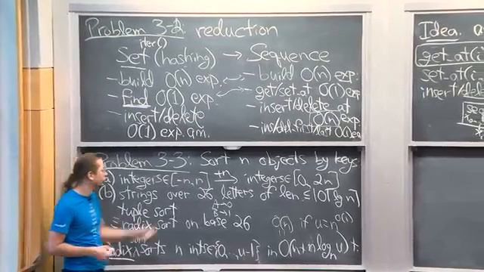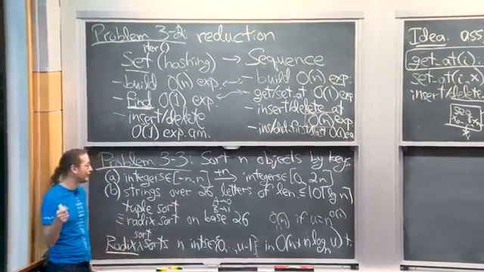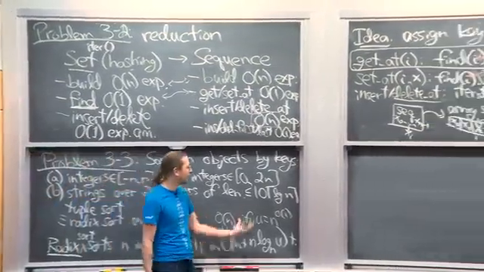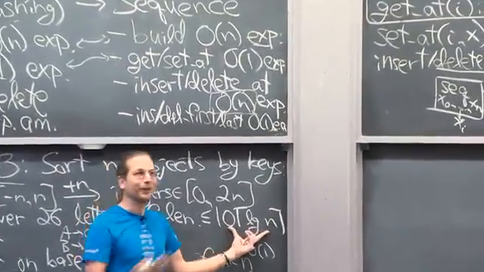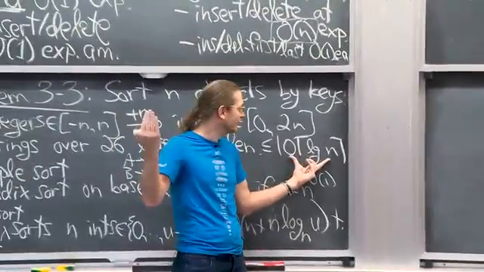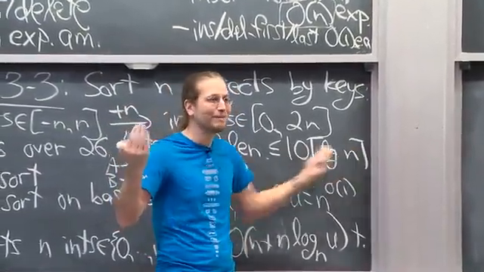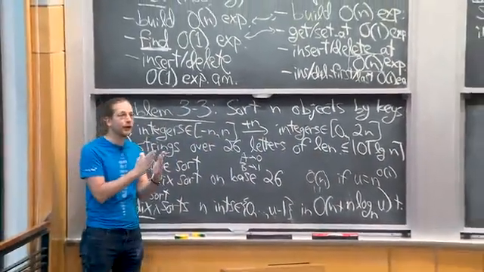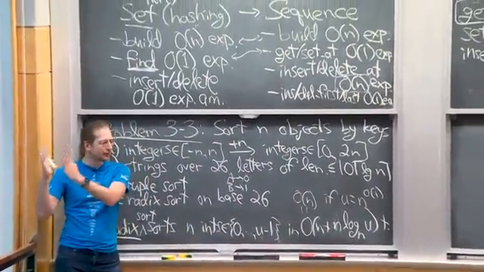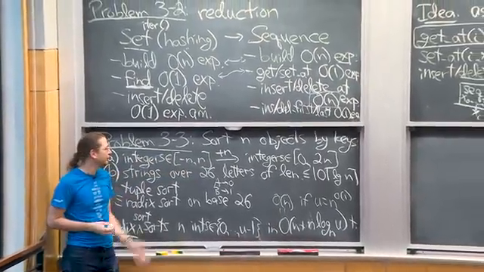So you will choose to always map the first letter in your string to position 26 to the power 10 log n, as the most significant. Even if your string is of length 1, you want to put that in the most significant digit, and you'll pad with zeros at the end if you run out of letters in your string.